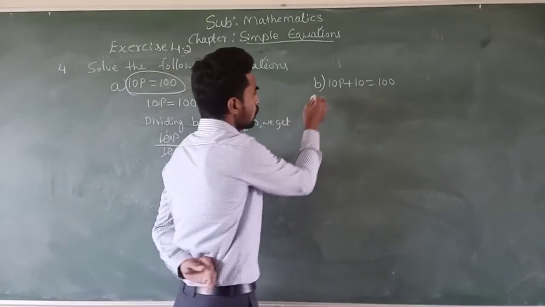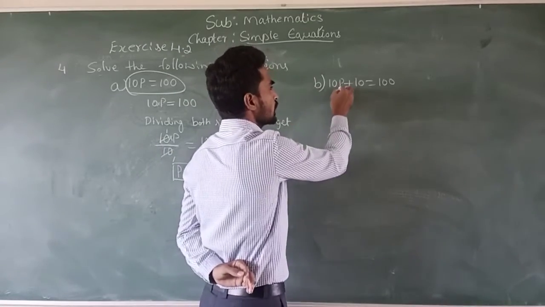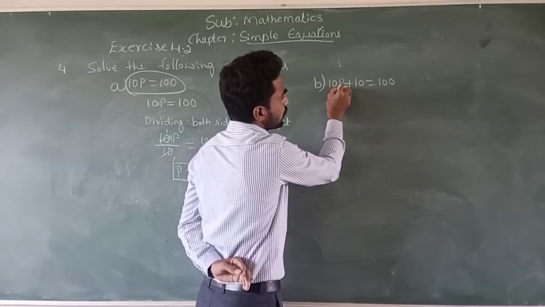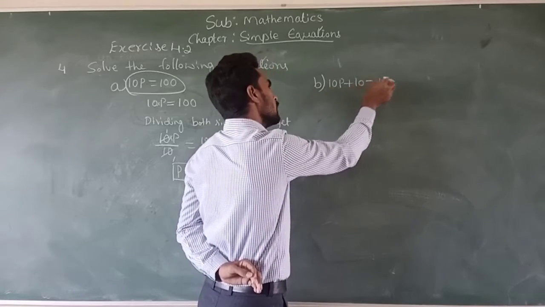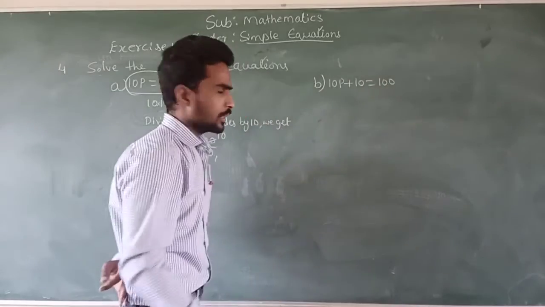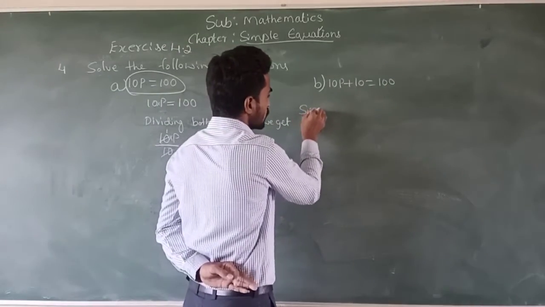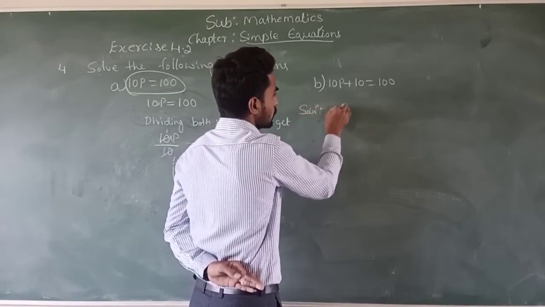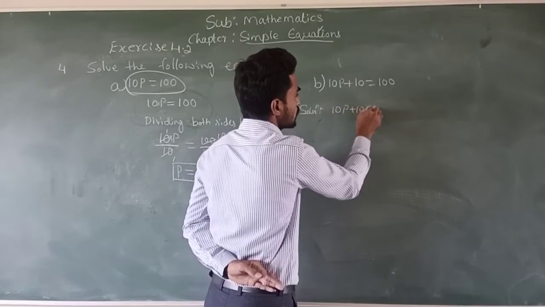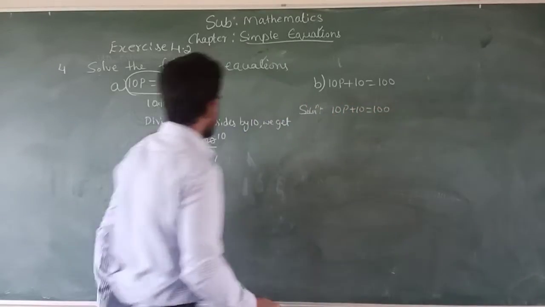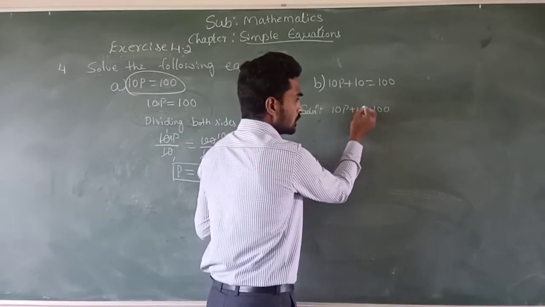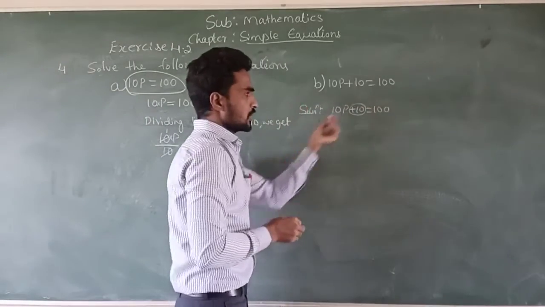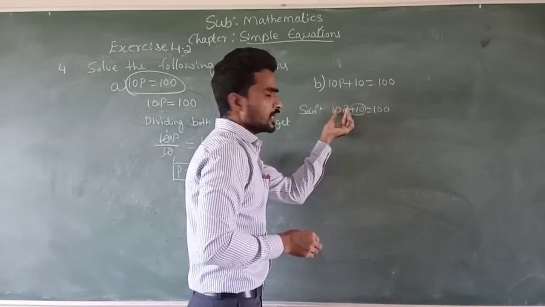Now going to solve another one. Here they are given that 10 is the coefficient of p, p is the variable, and add 10, that is equal to 100. Just solve this equation: 10p plus 10 is equal to 100. Here we can write the steps. Here plus 10 is there, that means 10 is added to the LHS.